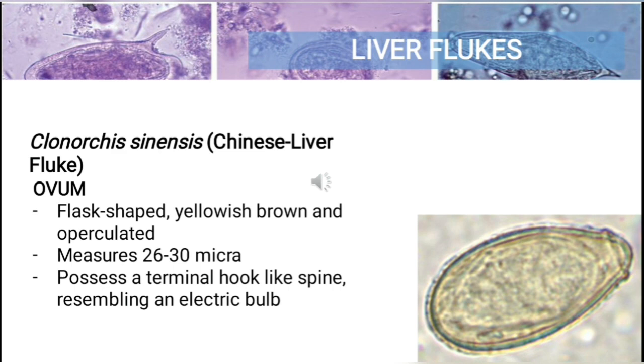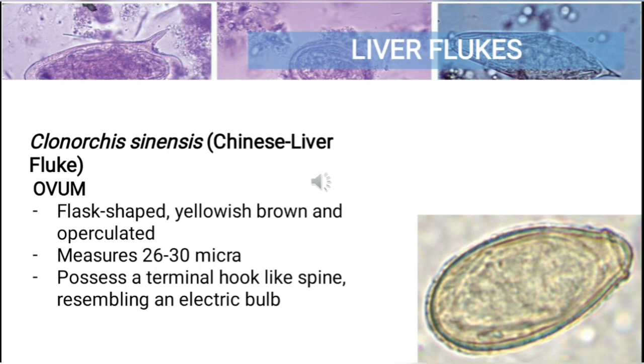Now let us proceed to the egg, or the ovum, of our Clonorchis sinensis. The eggs of Clonorchis sinensis are yellowish brown in color, ovoid, and measure 26 to 30 micrometers by 15 to 17 micrometers. There is a distinctly convex operculum that fits into the thickened rim of the shell, as you can see in the lower part of our PowerPoint, and a small protuberance at the abopercular end of the egg.